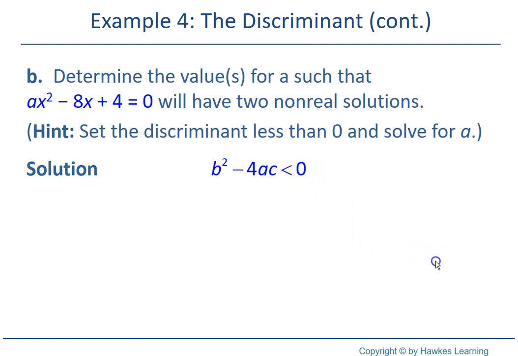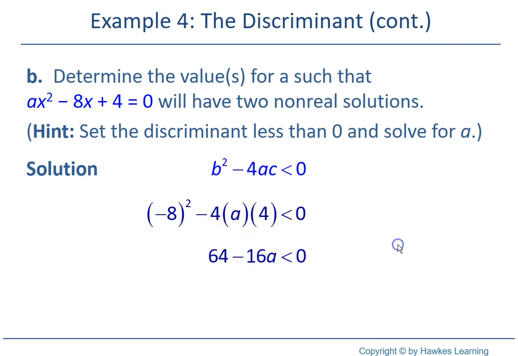So let's follow this through. So we know that our b value is -8 that we're going to square. And then this is going to be a -16a.